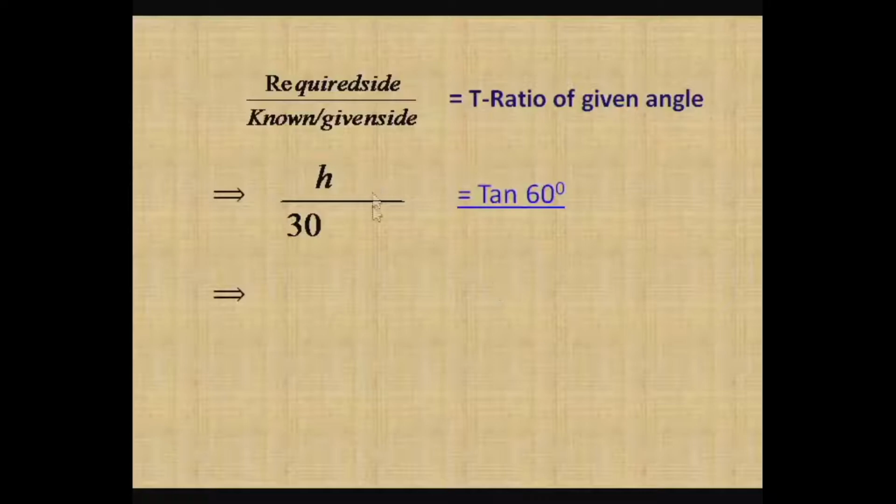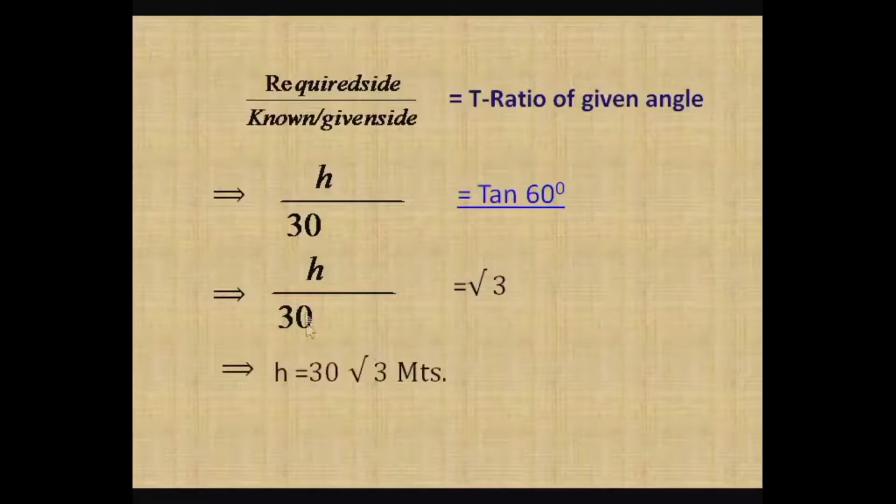Now, in the next step, h by 30 is equal to the value of tan 60 degrees, which is root 3. Now, h by 30 is equal to root 3. I am cross multiplying this 30 towards the right side. Here implies h is equal to 30 into root 3 meters.